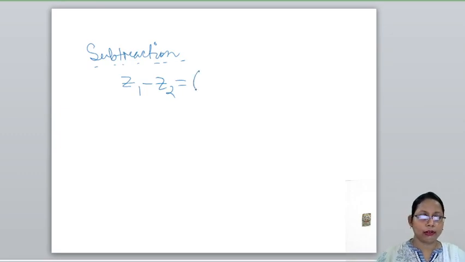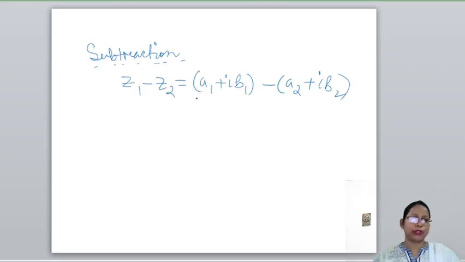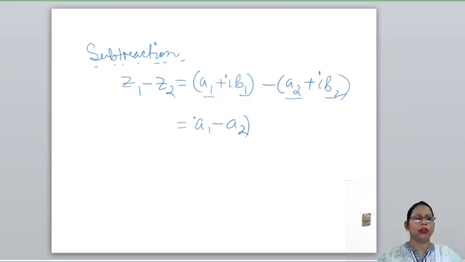So here I will put the value of z1 minus z2. Subtract the real part from the real part, and subtract the imaginary part from the imaginary part. Next step, it will be (a1 minus a2) plus i (b1 minus b2). Okay.